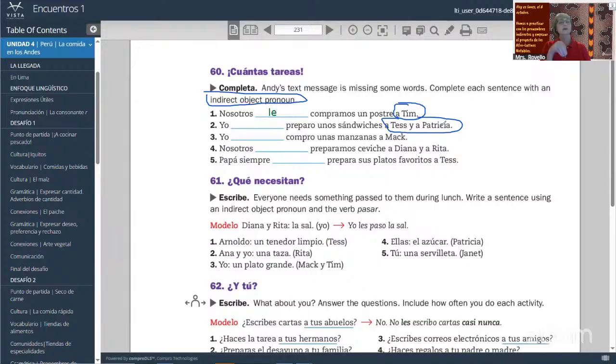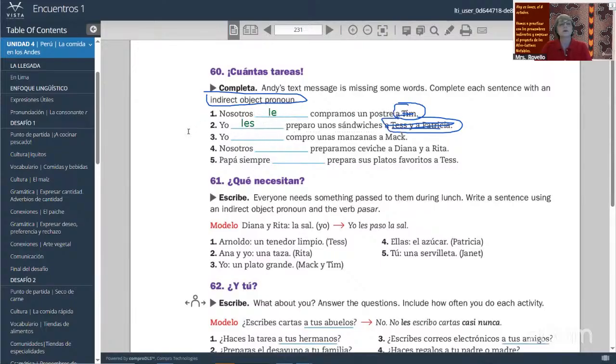Good, Malia. What's our plural going to be? Very good. Arshad? Going to be les, right? Yes, very good. Okay, les.